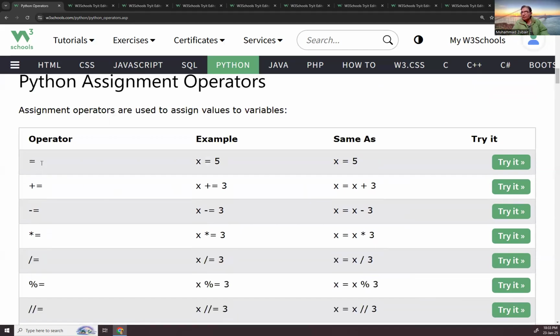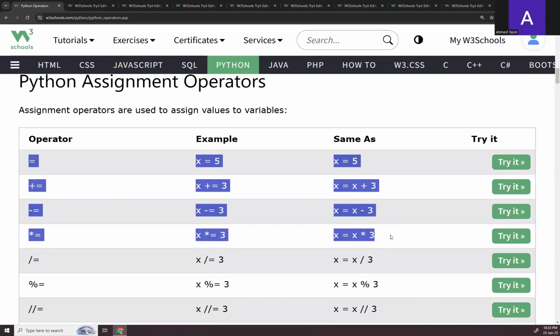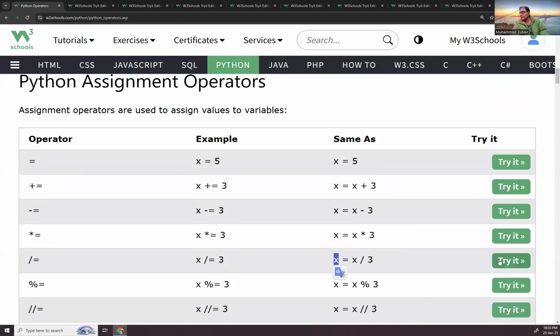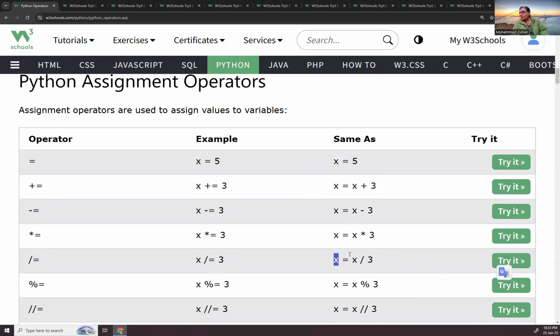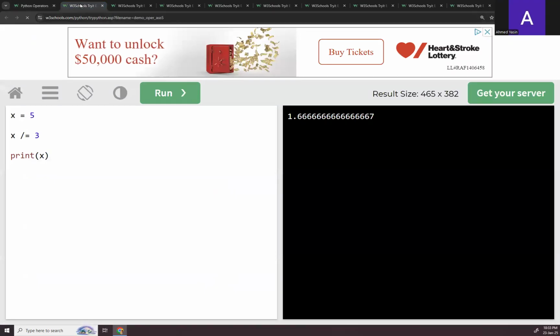You can include the division. So this is the division. And again, this is the same thing. You can write x is equal to x divided by 3, and you can write x divided equal 3. So the method is the same in all cases, okay?